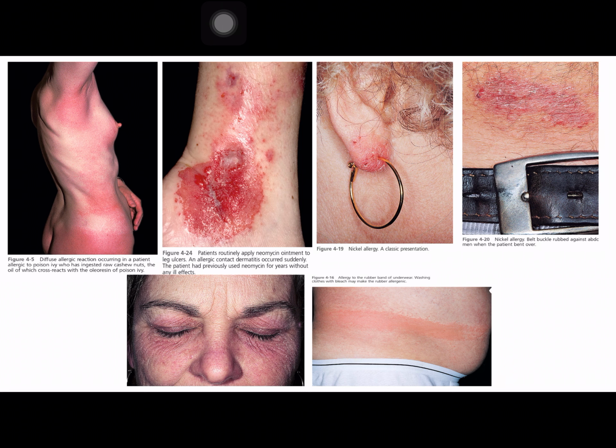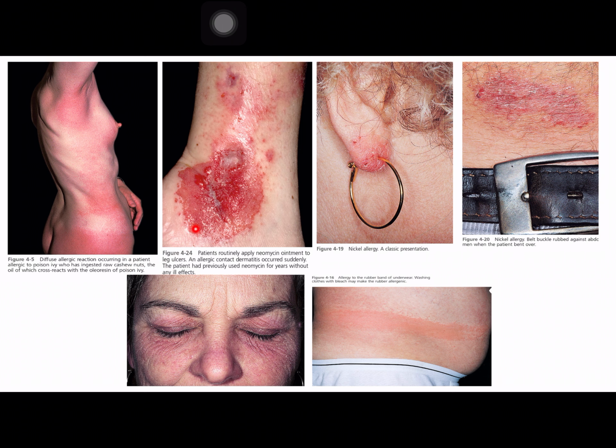All these pictures show irritant contact and allergic contact dermatitis. This diffuse allergic reaction occurs in a patient allergic to poison ivy. Poison ivy is a plant, a common cause of allergic contact dermatitis, and there is a cross reaction between poison ivy and ingested raw cashew nut.